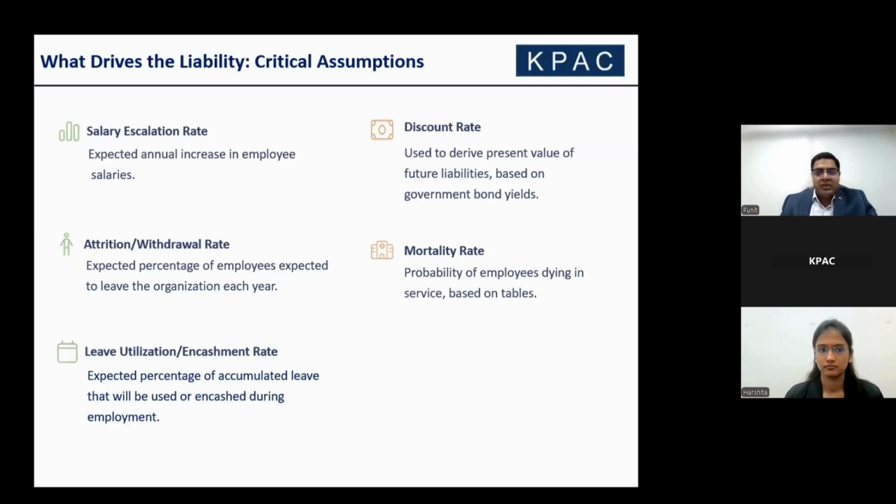Next is the leave utilization and encashment rate. As we just discussed, the expected percentage of accumulated leaves that will be used or encashed during employment. Last one is the retirement age, the assumed age at which employees will retire. And this is a key trigger for the payout of accumulated leave benefits. Now, these assumptions are not mere guesses; they are carefully chosen based on the historical data, market trends, and expert judgment.